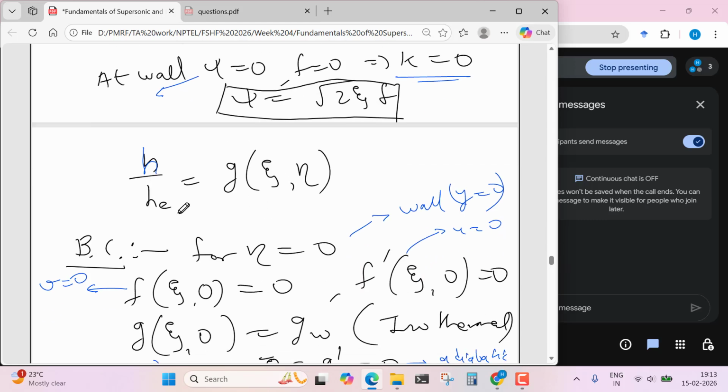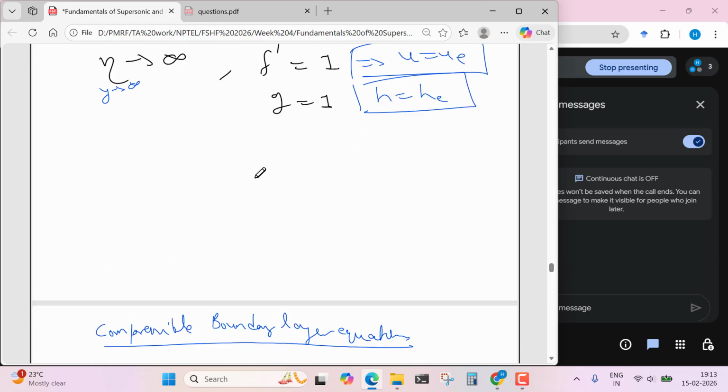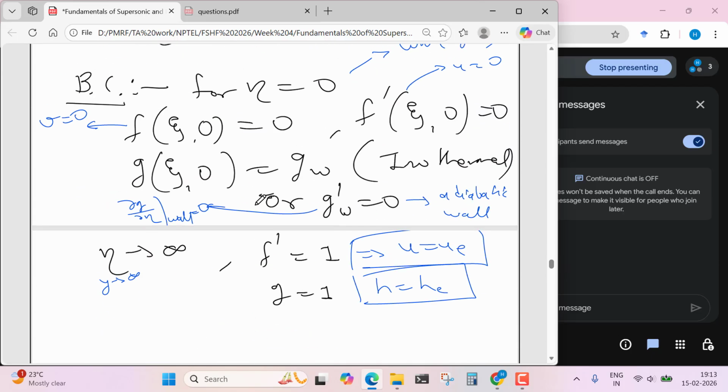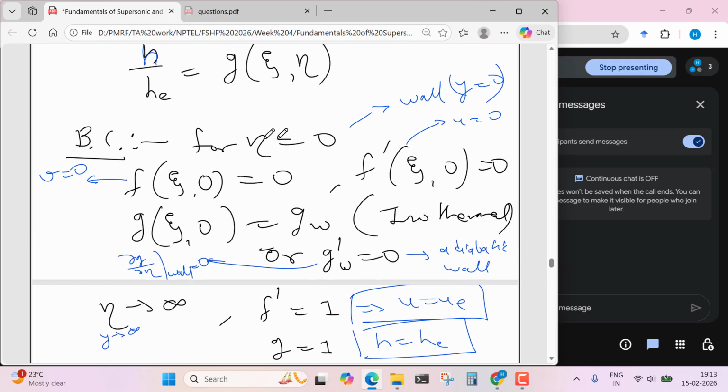We can take similarly the other function also, h upon he equal to g(ξ, η), and the boundary conditions for our flow will be, at the wall y equal to 0, η will be 0.